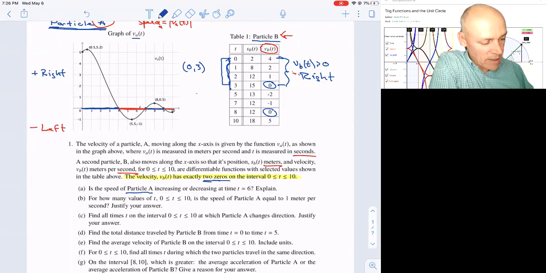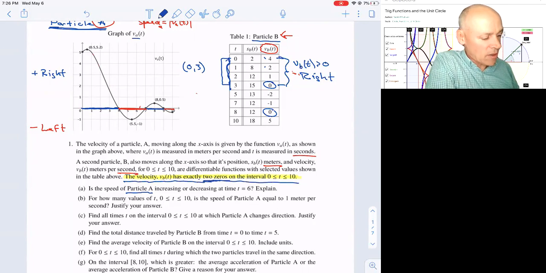Velocity is positive 4 at time 0, and positive 2 at time 1. Because I know there can't be a 0 in between time 0 and time 1, velocity must not have gone negative. So that is why they added this sentence that velocity for B has exactly the 2 zeros that are shown in the table on that interval.